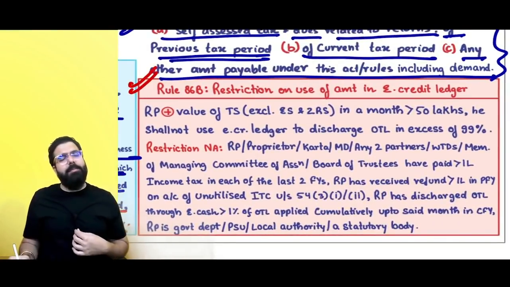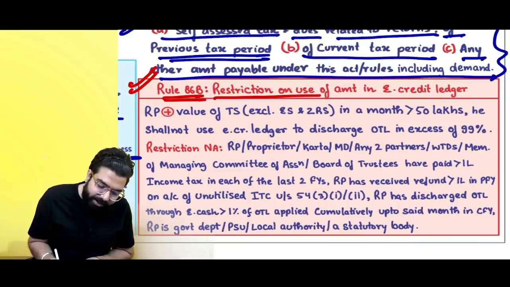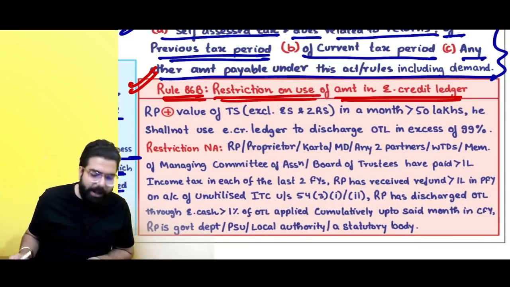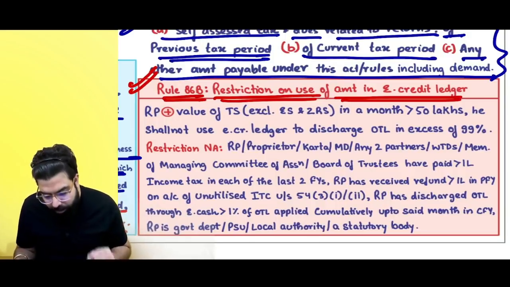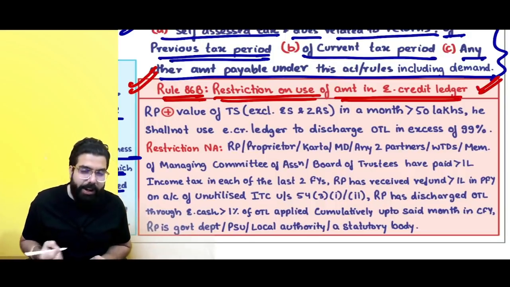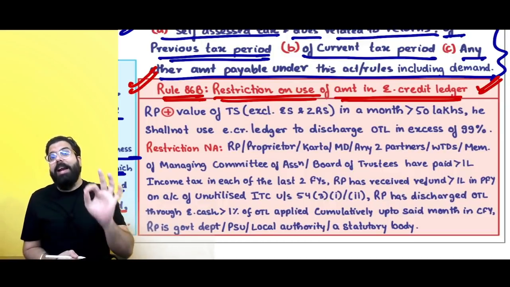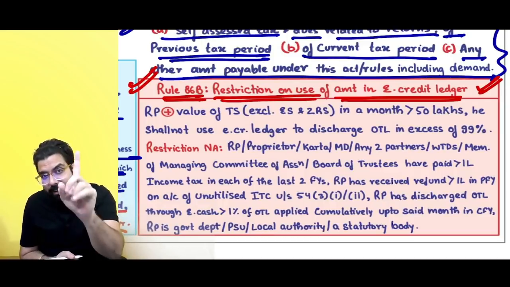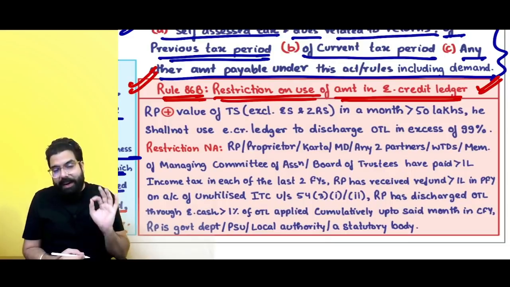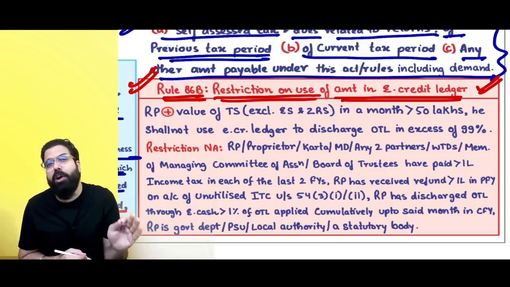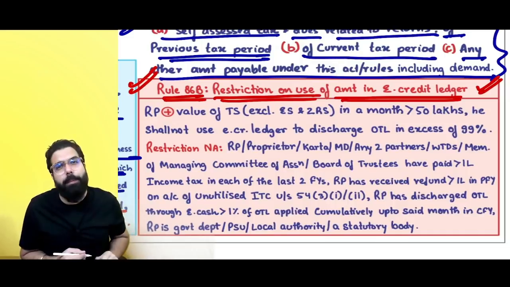Rule number 86B says, Ramesh, restriction on use of amount in the e-credit ledger. Government told that, sir, whenever one person is paying his tax liability, at least 1% cash should be paid. It means 99% you can use your e-credit ledger to pay your liability, but 1% has to be paid in cash.